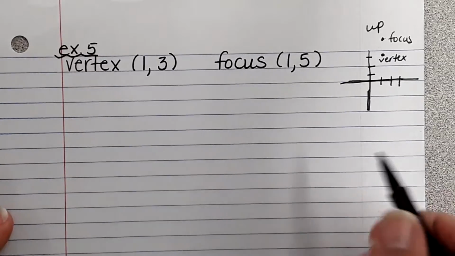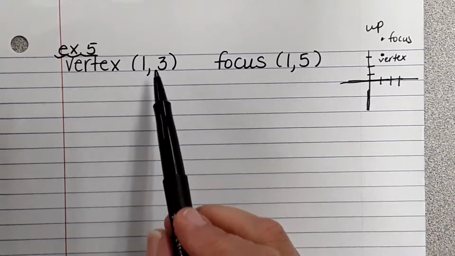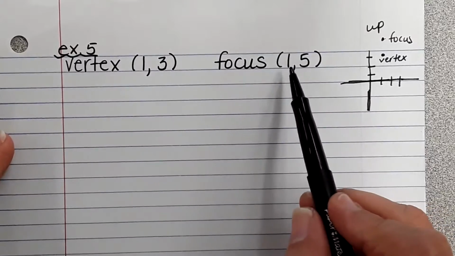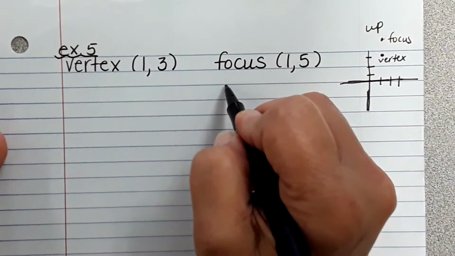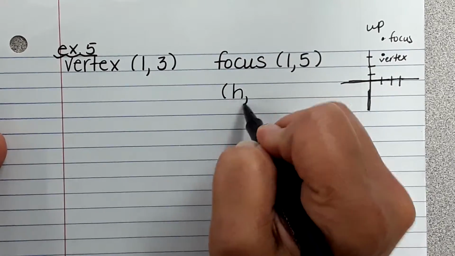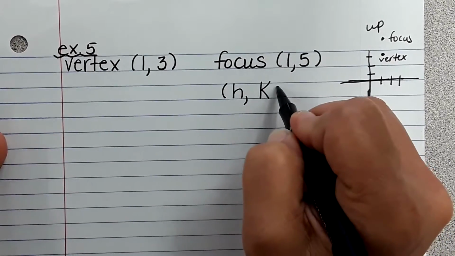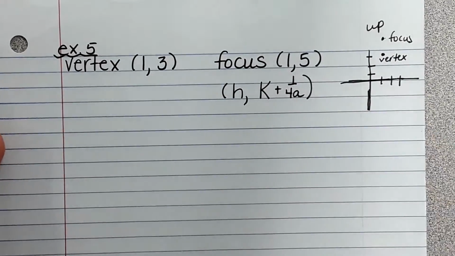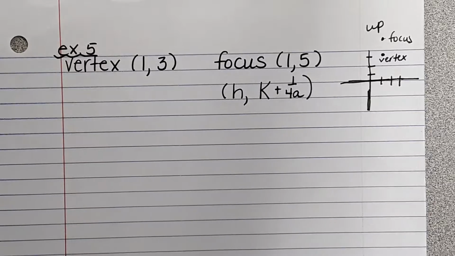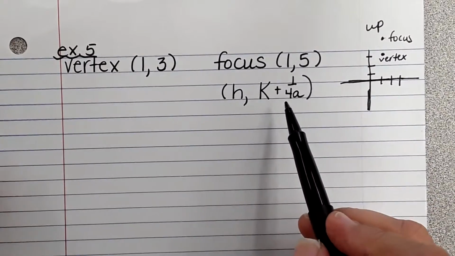So that means we know our vertex. That means our focus is going to be this ordered pair: (h, k + 1/(4a)). Because you remember, you cannot write an equation without a. You need a. So this is our equation.